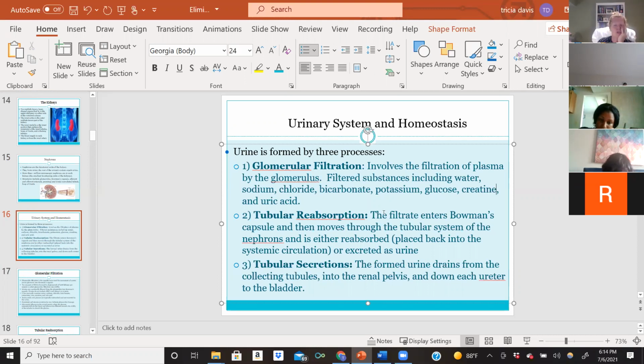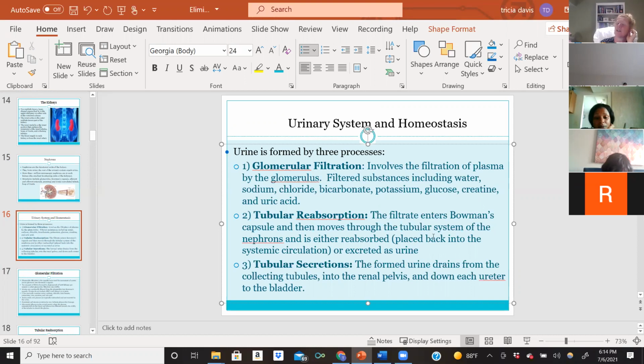Then we have tubular reabsorption. This is where the filtrate enters our Bowman's capsule and then moves through the tubular system of the nephrons. At this point, it's either going to be reabsorbed, so placed back into the systemic circulation, or excreted as urine.